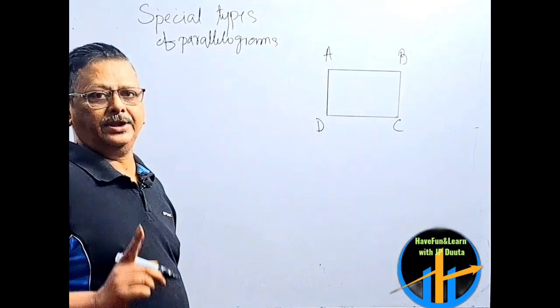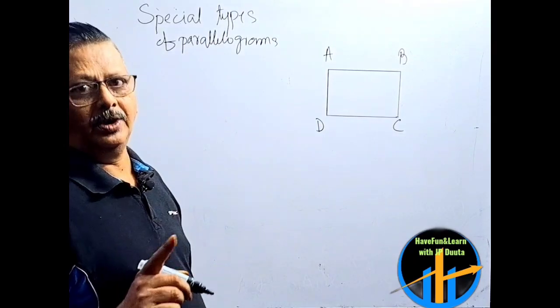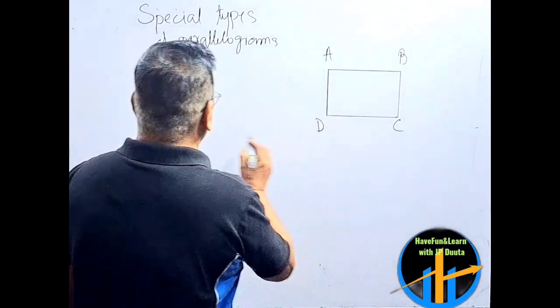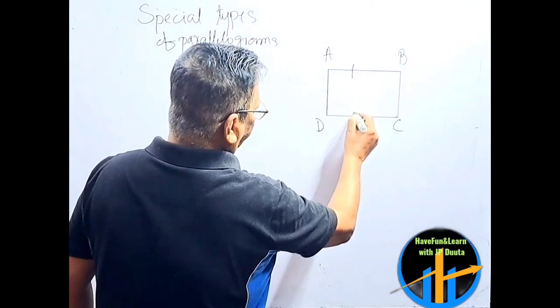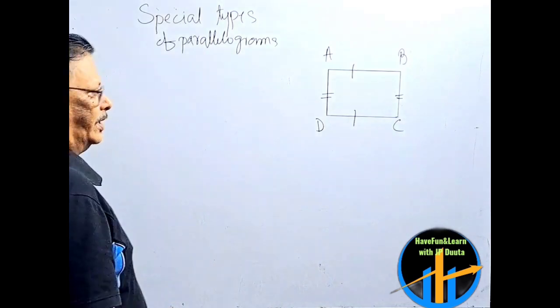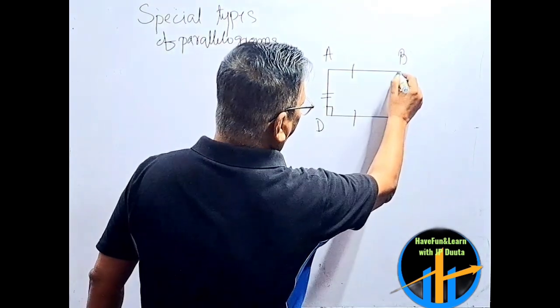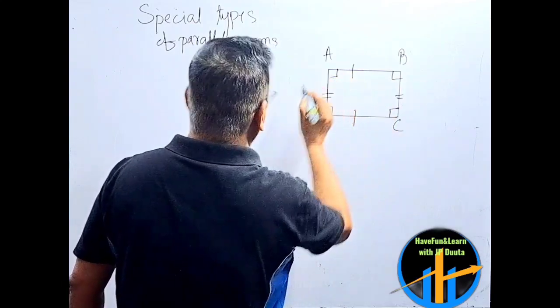Because ABCD is a rectangle, all the properties of a parallelogram hold except, see, these 2 sides are equal and these are equal, correct? And all the angles are 90 degree.